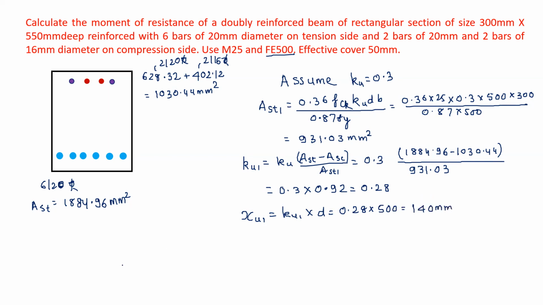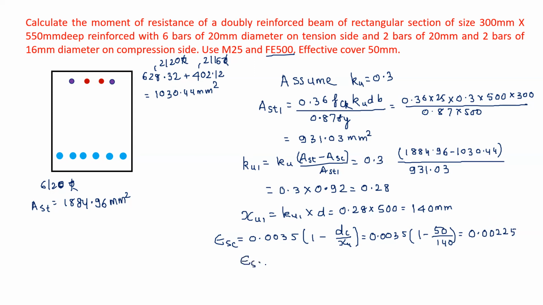Knowing the value of Xu, we can find epsilon SC, which is equal to 0.0035 into (1 minus dc upon xu), that is 0.0035 into (1 minus 50 upon 140), and that is equal to 0.00225. Now if we go to the table, we have a value for 0.00226.